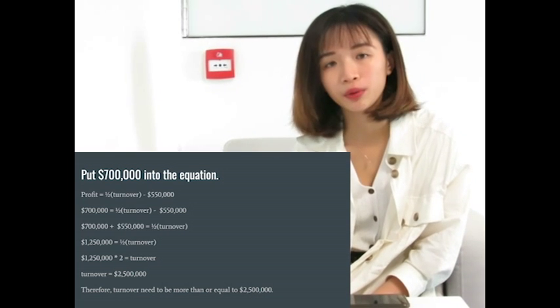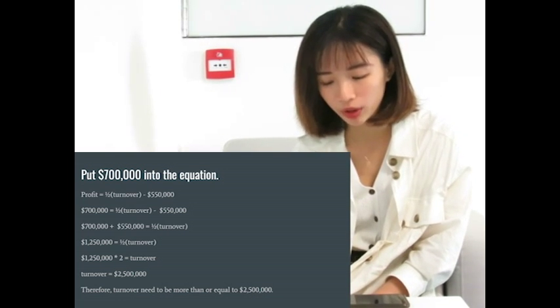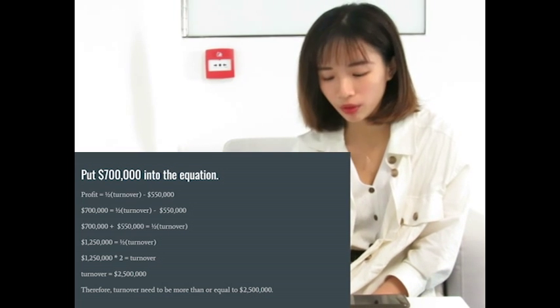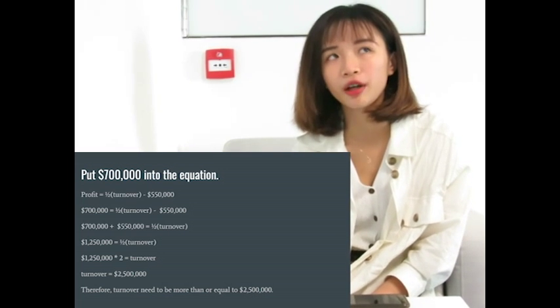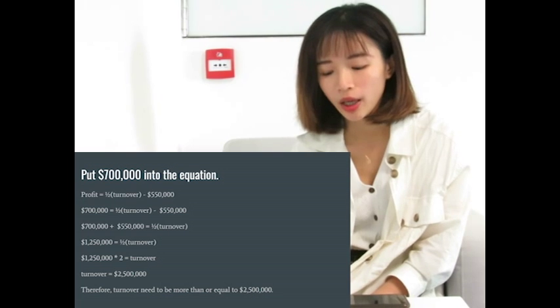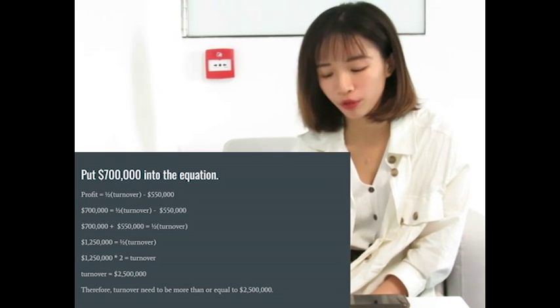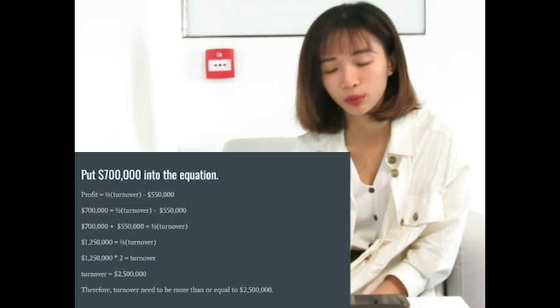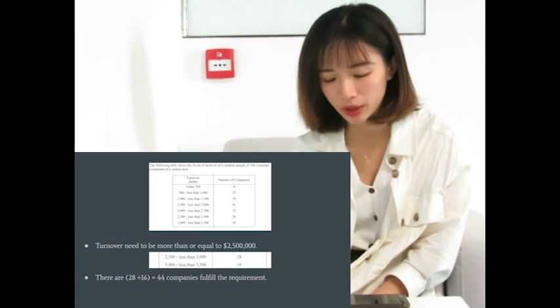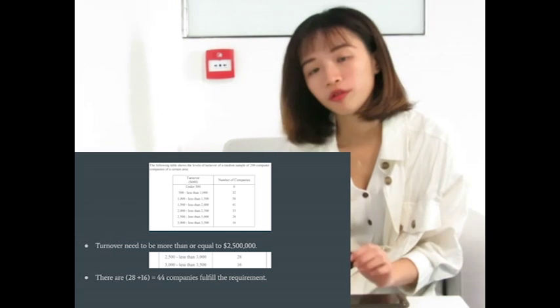After putting it into the equation, we add $700,000 plus $550,000 and then times 2, and the answer will come out. Therefore, the turnover needs to be more than or equal to 2.5 million.